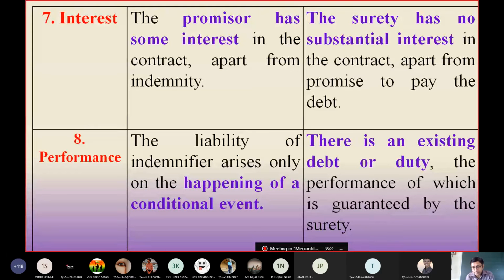If you have taken any goods on credit, you are supposed to make payment for those goods. So the liability is fixed here. It does not depend on the happening of an event. Your debt is fixed. You have taken a loan, you are supposed to repay it. So you have to perform. Your performance is fixed, your promise is fixed. Either the debtor will perform, and on default of the debtor, the surety is supposed to perform.